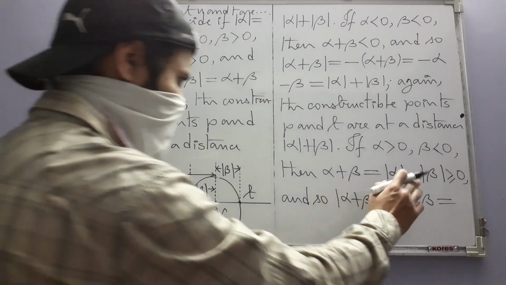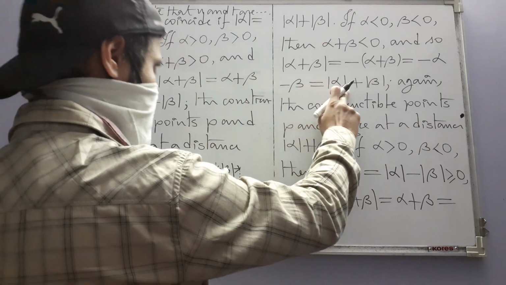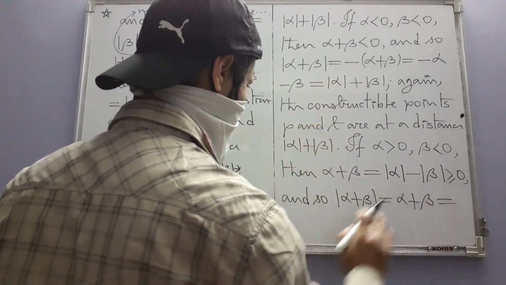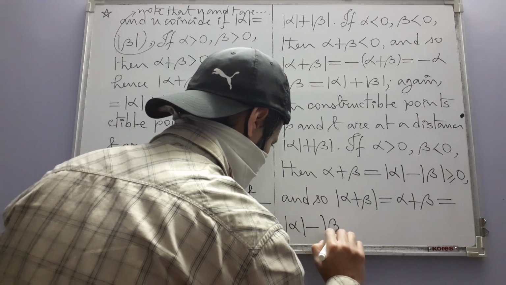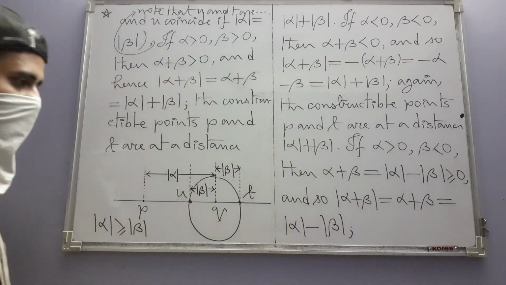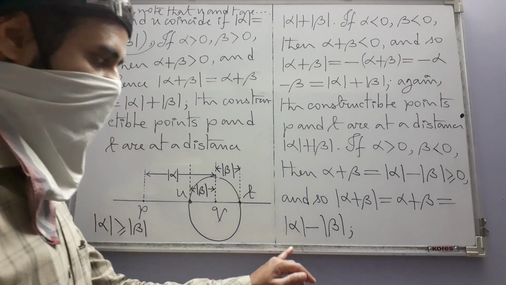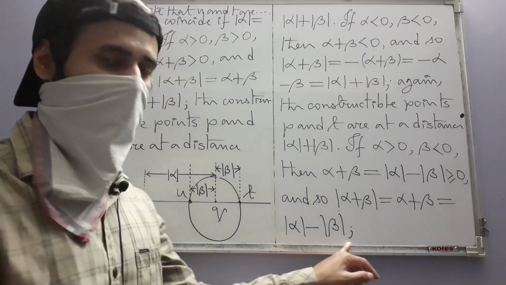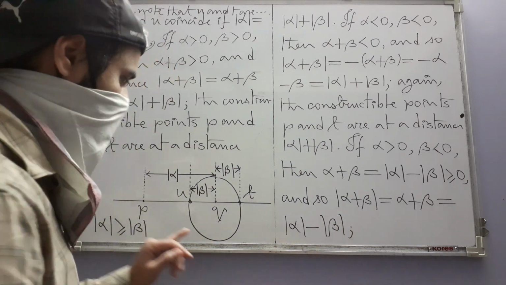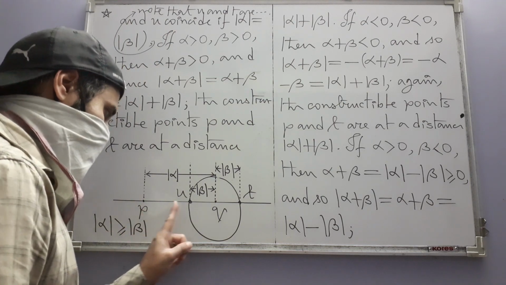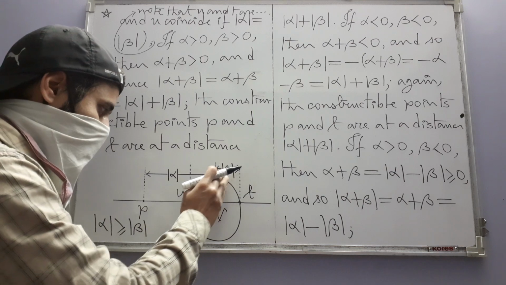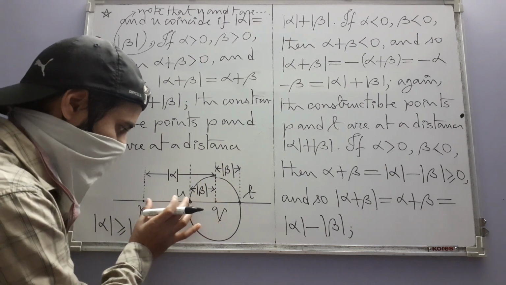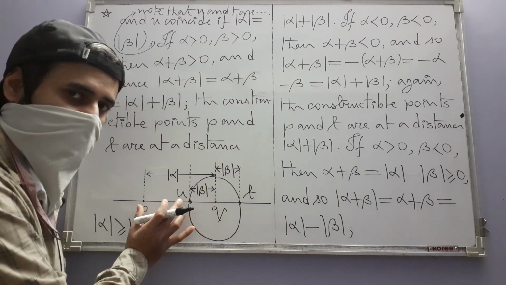But now alpha plus beta is not this, but rather this difference. Now we need two constructible points such that the distance between them is this, and two such points are P and U, because absolute value of alpha minus absolute value of beta gives us this distance.